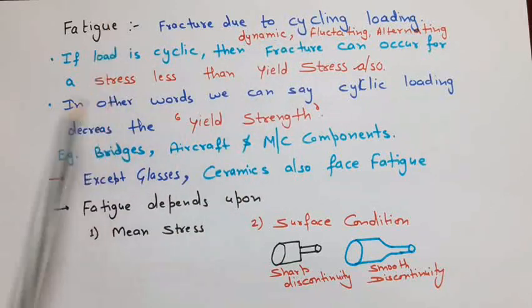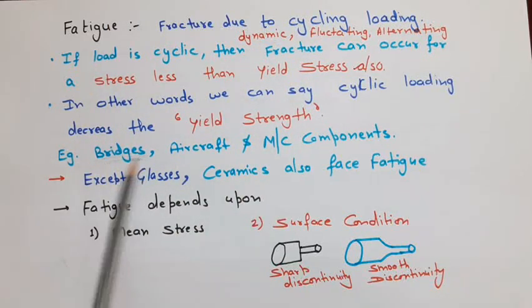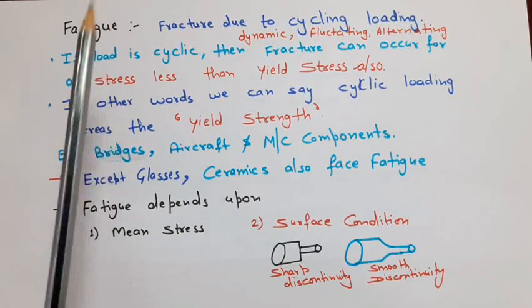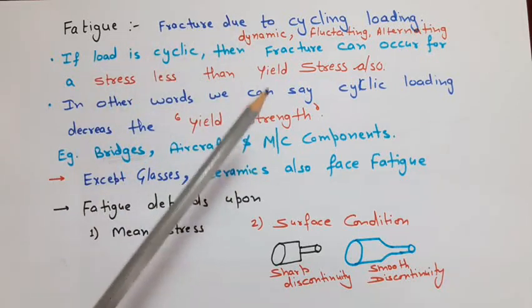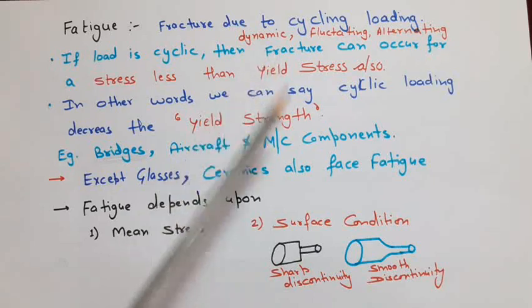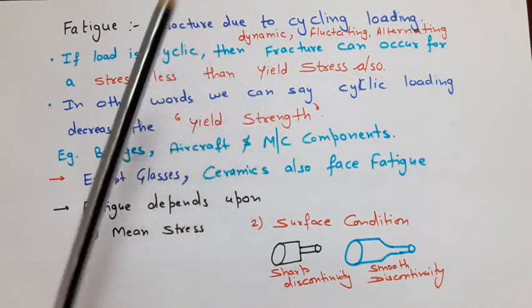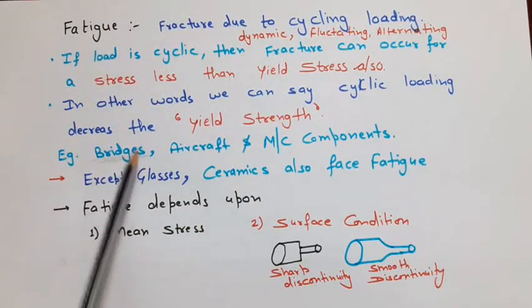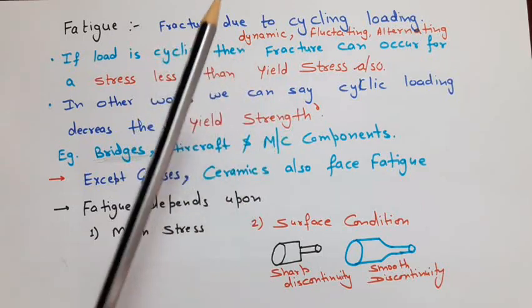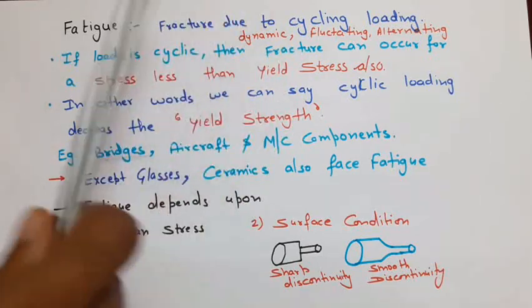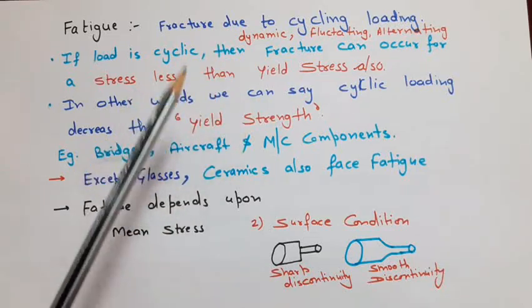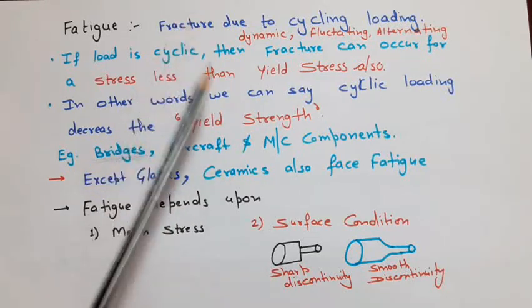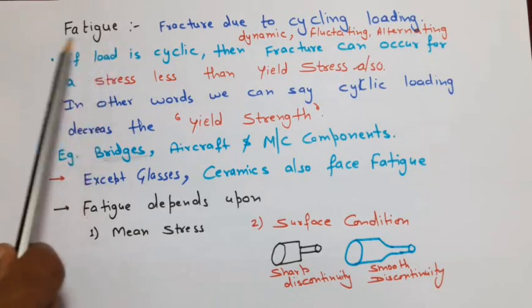For example, in case of bridges, sometimes two vehicles are going over the bridge, sometimes only one vehicle is going, and sometimes no vehicle is going. So in case of bridges, there is no constant loading. In fact, loading is fluctuating. So if due to this type of loading, fracture takes place, then that fracture is known as fatigue fracture.